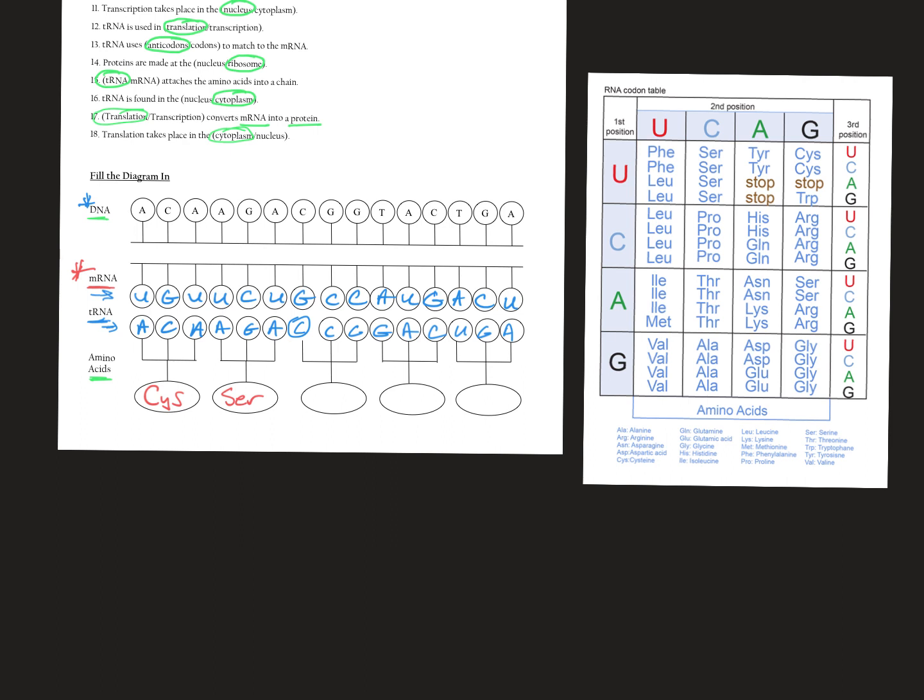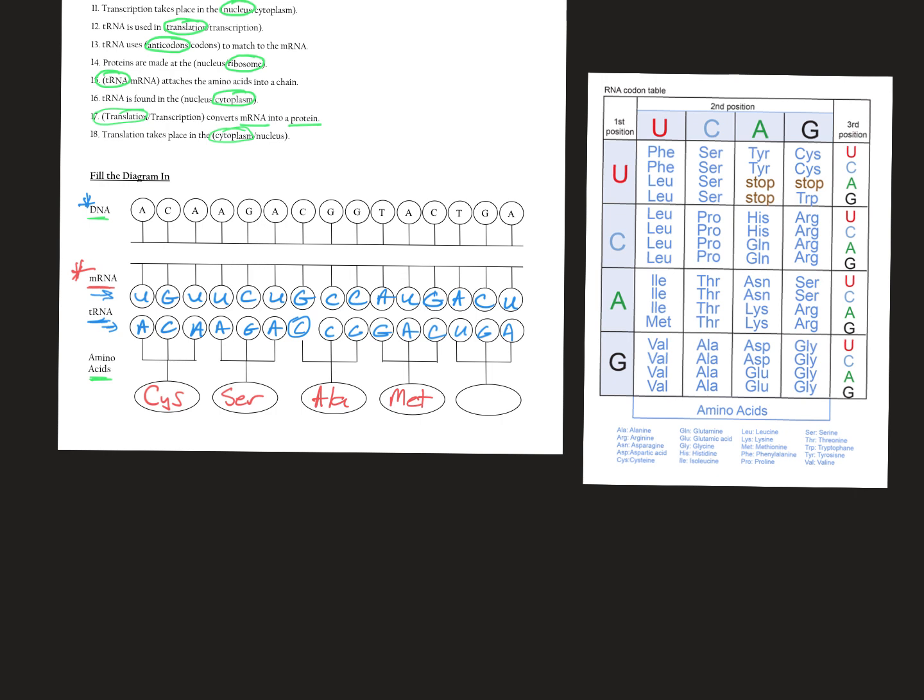and GCC is alanine, and AUG is methionine. Now, if you get a start in the middle of a sequence, it's not a start because it already started, right? It's methionine.